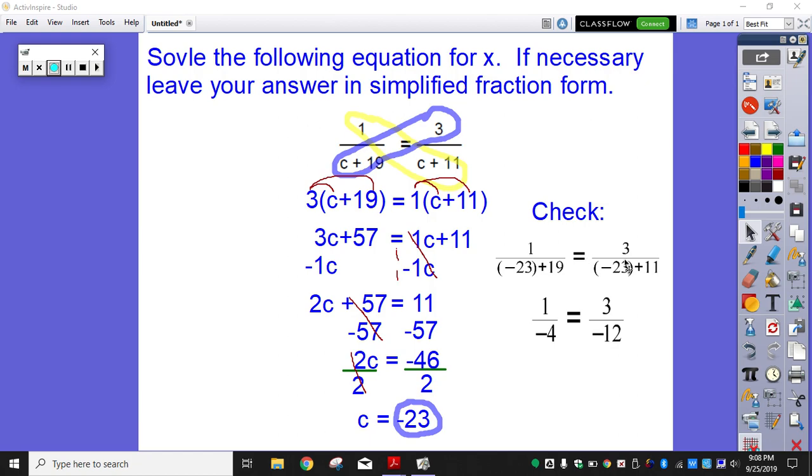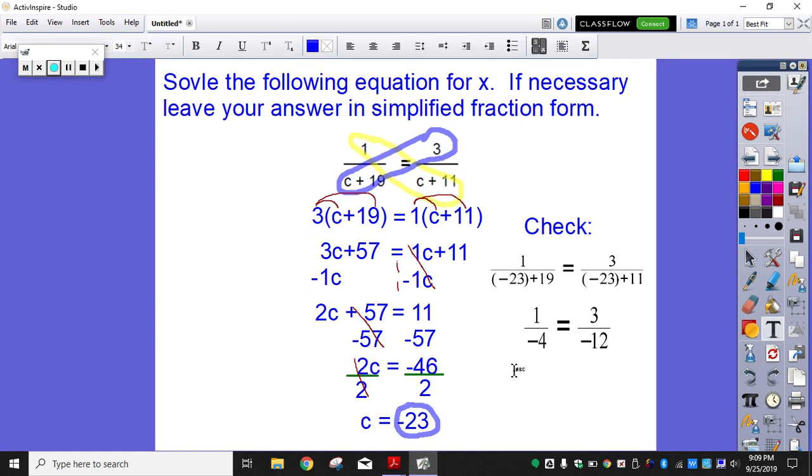Once I find those sums from adding, I get 1 over negative 4 equals 3 over negative 12. Now if you're quick with your fractions, you may recognize that 3 over 12 does reduce to 1/4. If you do not, you just do 1 divided by negative 4, get that decimal, which is negative 0.25.